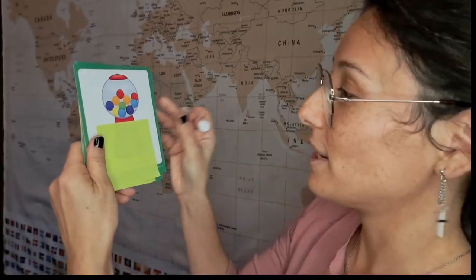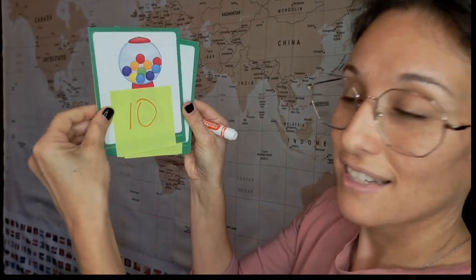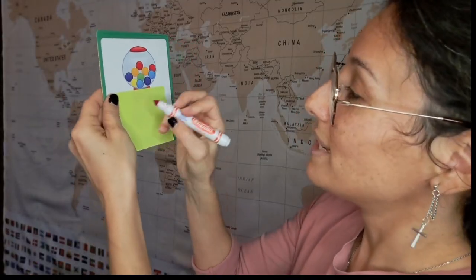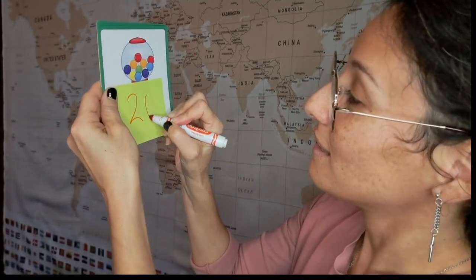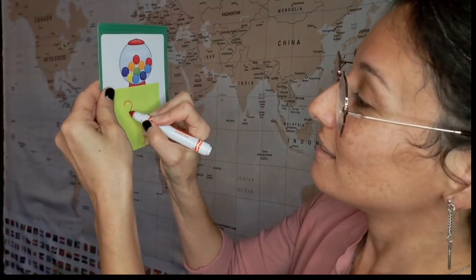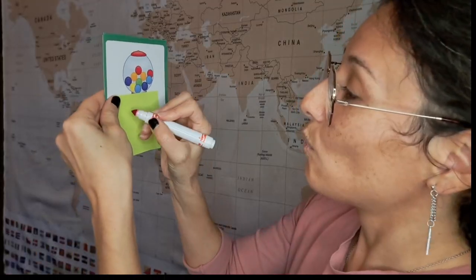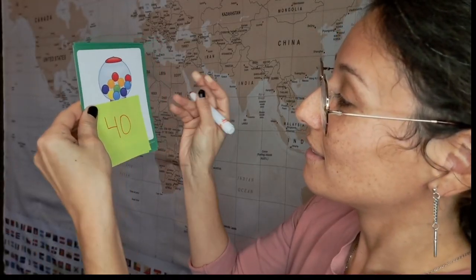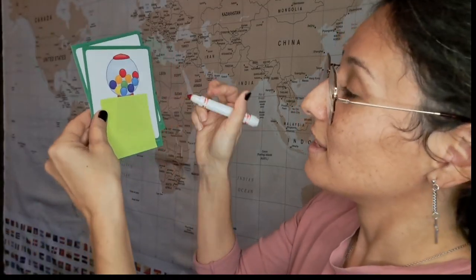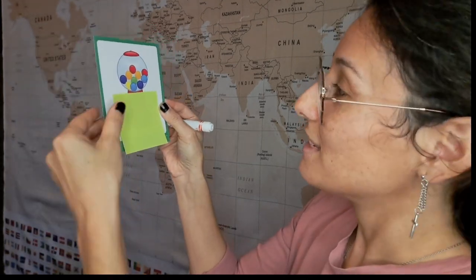Now we're going to do it again, but we're going to write the number on the sticky note I put on the front. Ready? 10, 20, 30, 40, 50, 60.